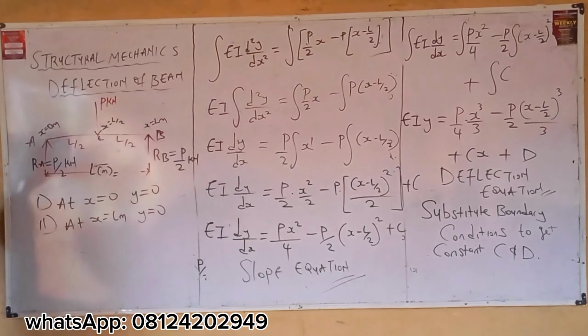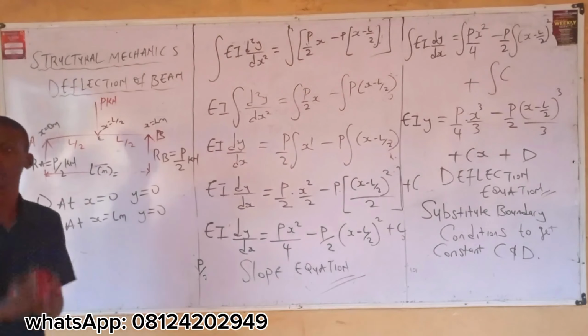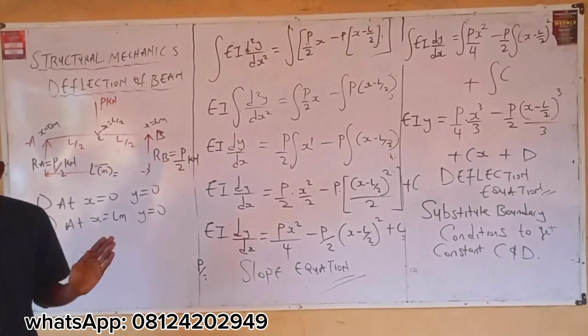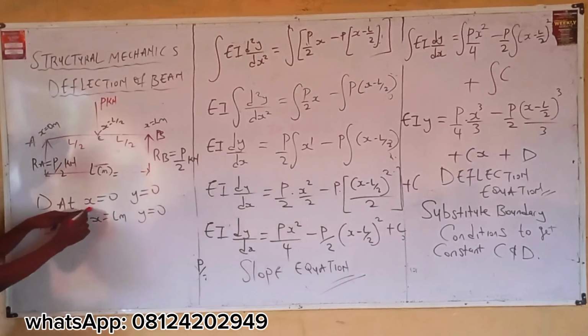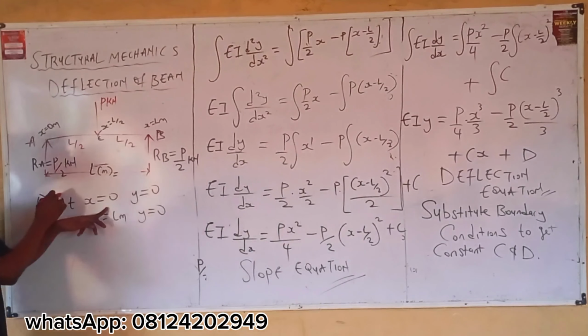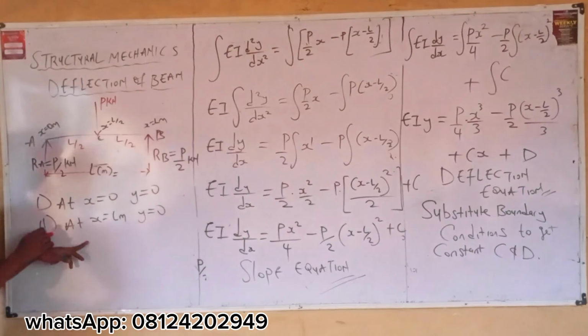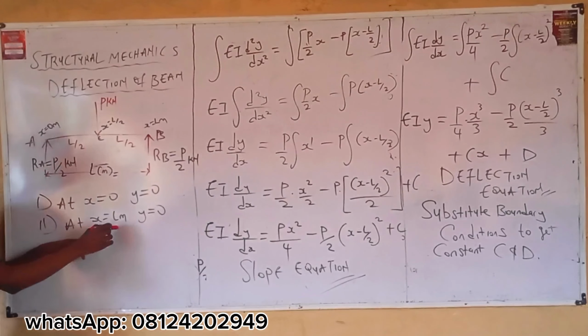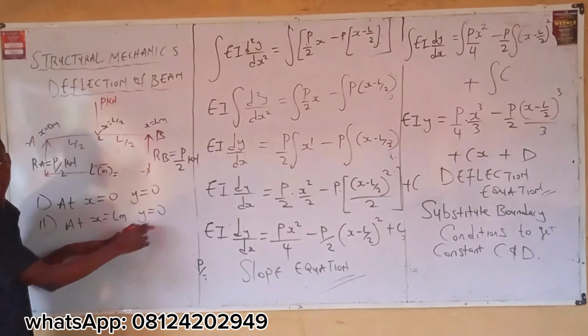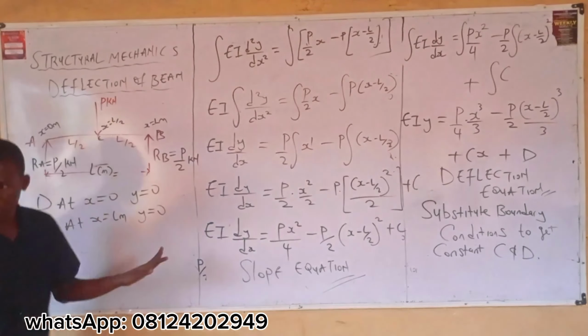For the initial one, at x equals 0, the corresponding value of y will still be 0. So for my first boundary condition, x equals 0 meter, y will be 0. Similarly, for the second boundary condition, x equals L meter, y will still be 0. And that's the boundary condition.